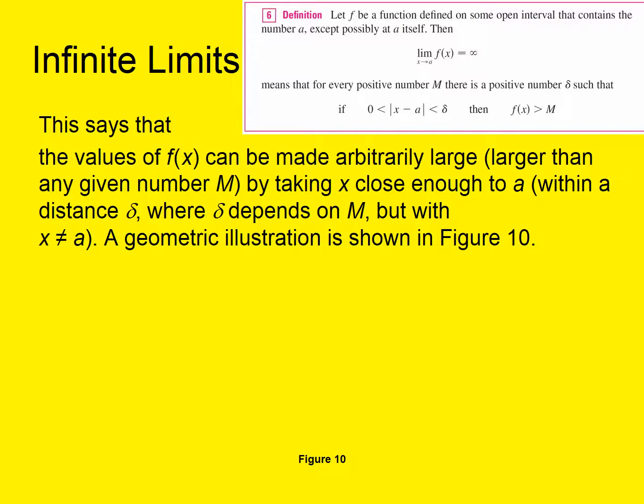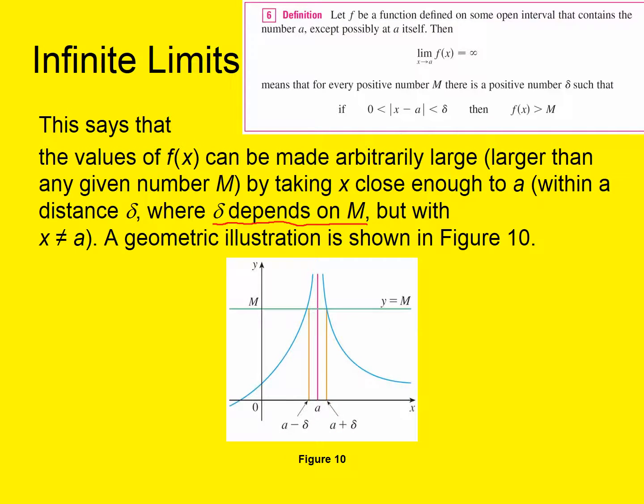This says that the values of f of x can be made arbitrarily large, as large as anyone wants, larger than any given number m, by taking x sufficiently close to a, within a distance delta, where delta depends on m. So we're going to do the same kind of seeking a delta that we did before, but with x not equal to a.